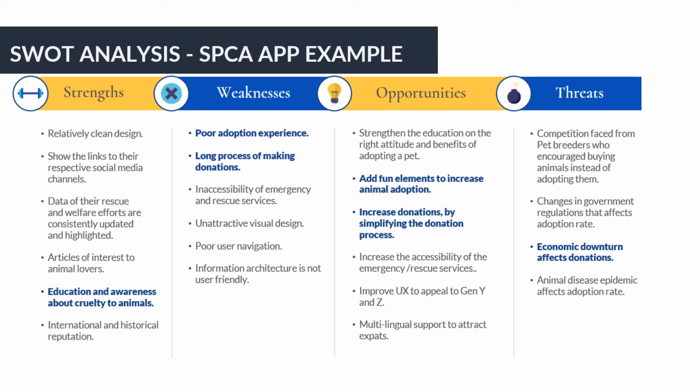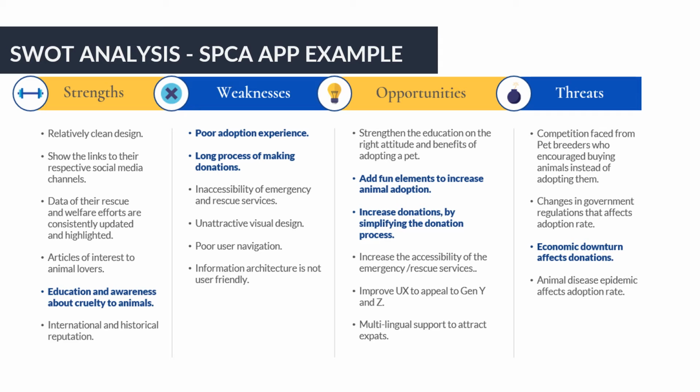Due to time, I'll only dwell on a few examples within the strengths, weaknesses, opportunities and threats columns. Firstly, let's take a look at the strength. They identified education and awareness about cruelty of animals as the strength of the app. So the app had a lot of information that people can access on awareness about cruelty of animals. So it informed people better.